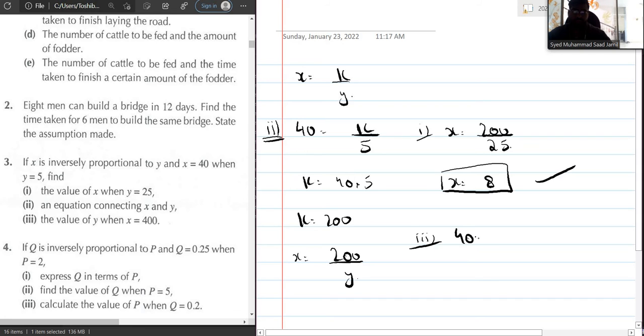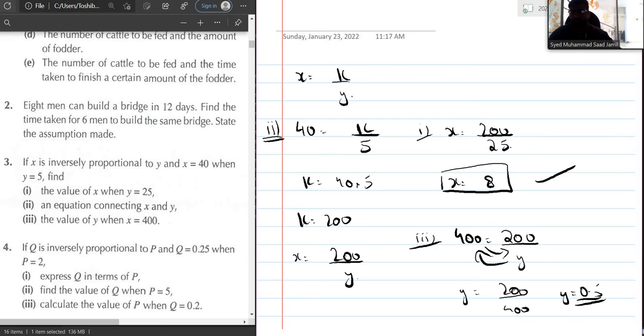Instead of x write 400, so 400 equals 200 divided by y. y will go up here and 400 will come down here. y equals 200 divided by 400, so y equals 0.5. And hence within, I guess, 1.5 minutes you solve the whole question. That's how easy this topic is.